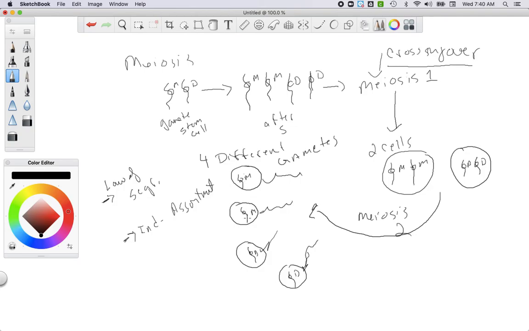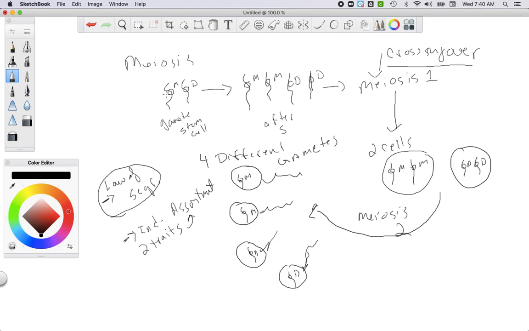These are not all going to be D. So if you're looking at 2 traits, the law of independent assortment comes into play. Today we're just going to focus on one trait, the law of segregation.